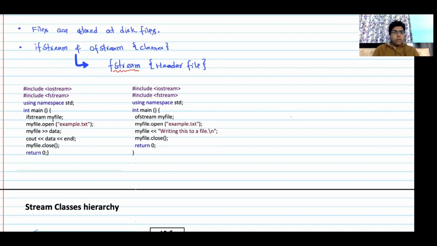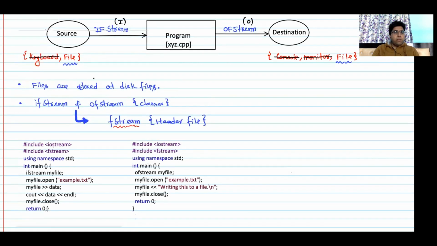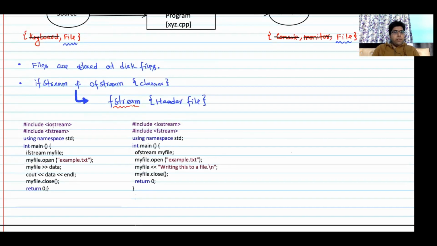So let's say the stream name is myfile. myfile will use the open function, and this would read the example.txt file at the given default location of your program. Let's say you have written one or two statements in this example.txt file.